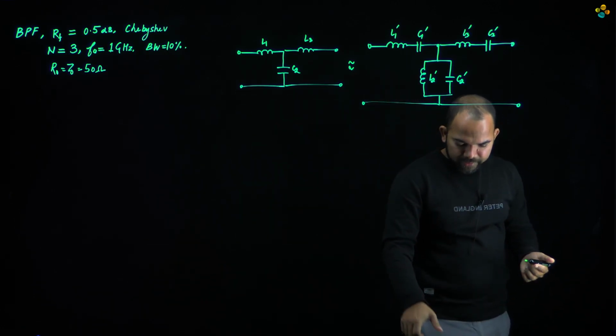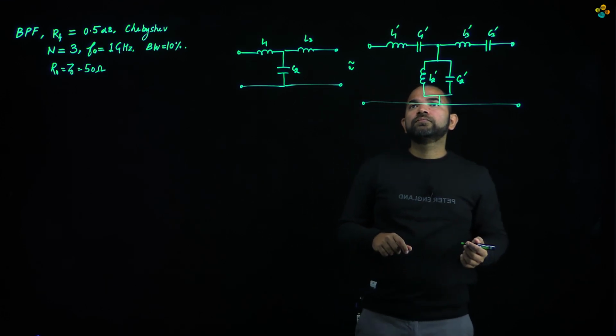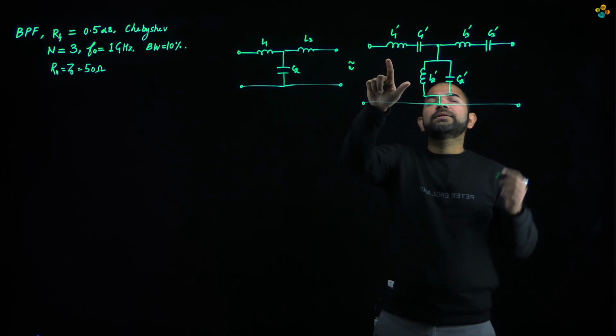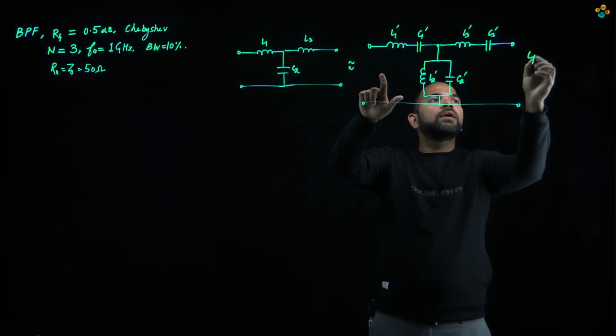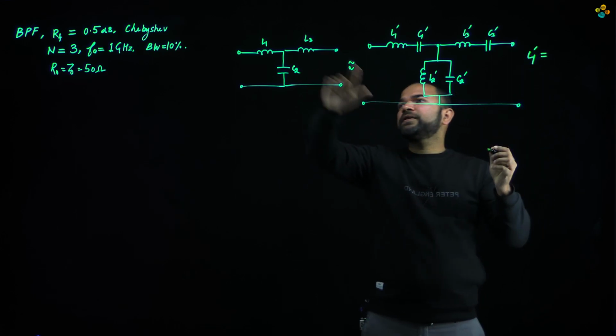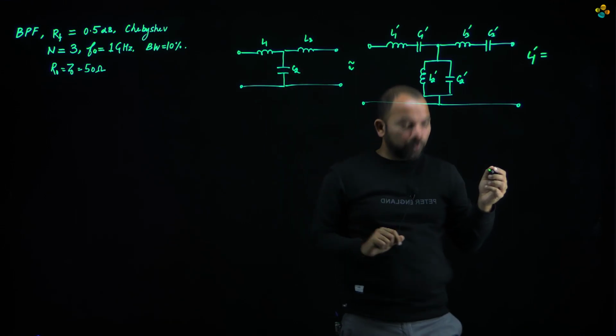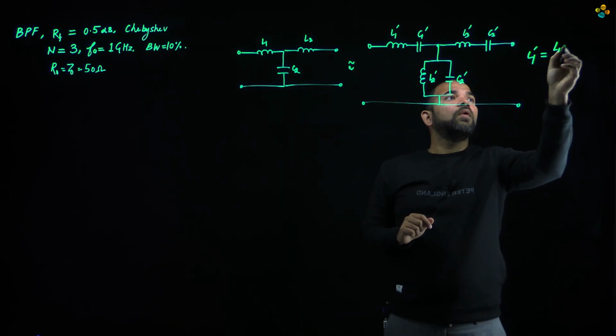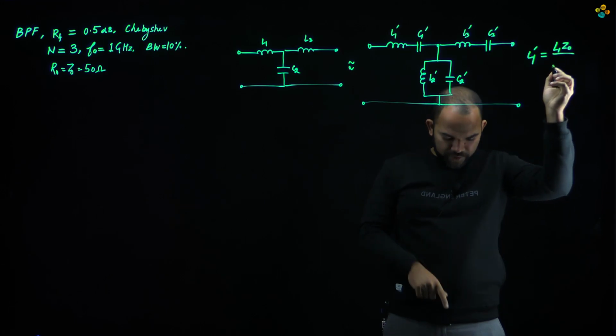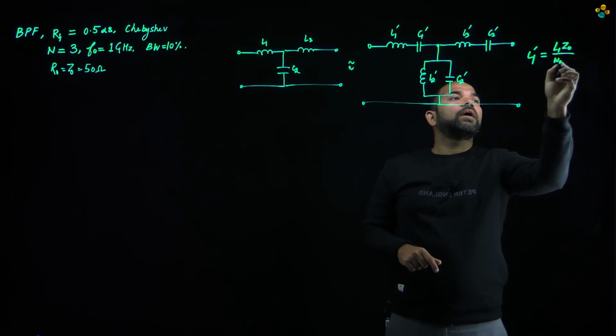So let me write these expressions for you. For the series combinations, L1 dash has a relationship with the element in the low pass filter, which equals L1 Z0 divided by omega naught into delta.